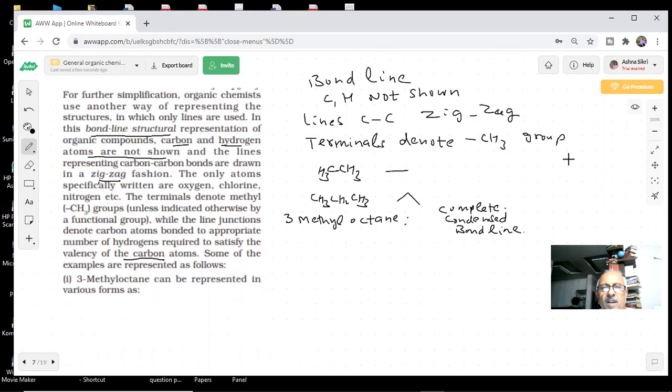3-methyl octane. See, 1, 2, 3, 4, 5, 6, 7, 8 carbons. So there are 8 carbons, and at the 3 position there is a methyl.